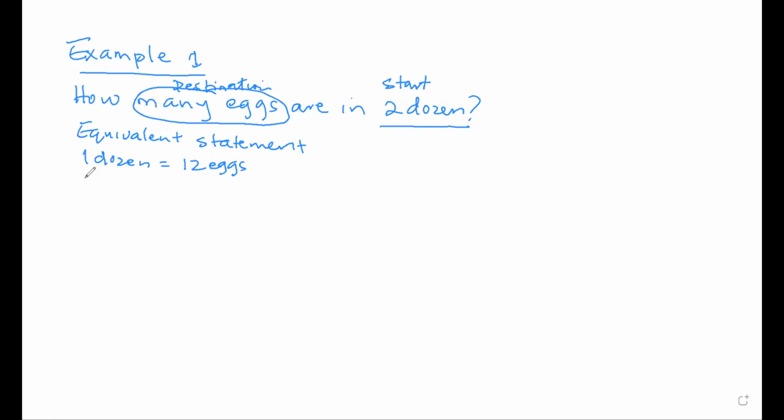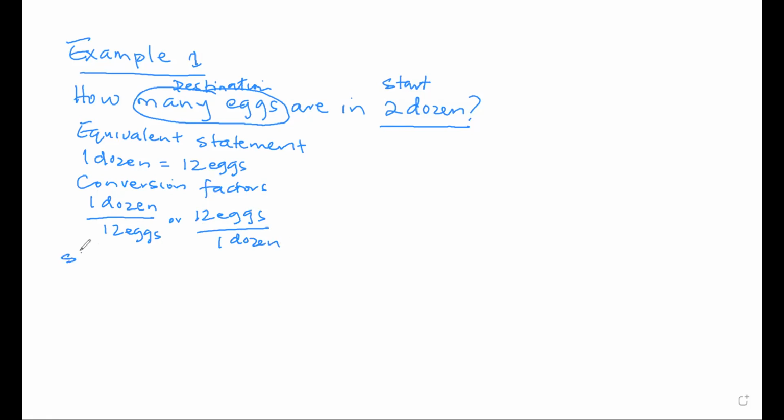Now, we put it in fraction form because we use it to solve problem. So the conversion factors will be 1 dozen over 12x or 12x over 1 dozen.